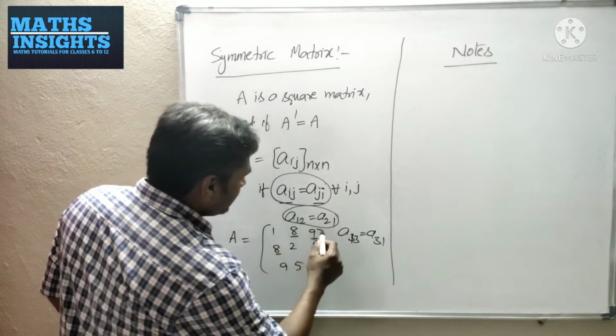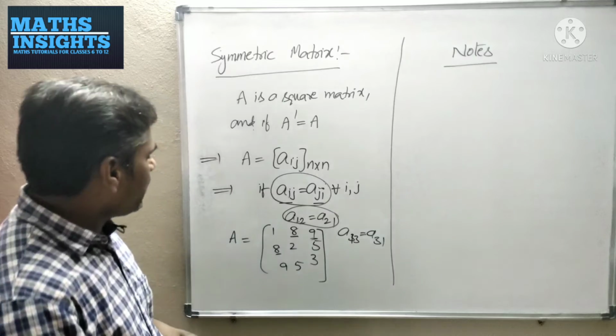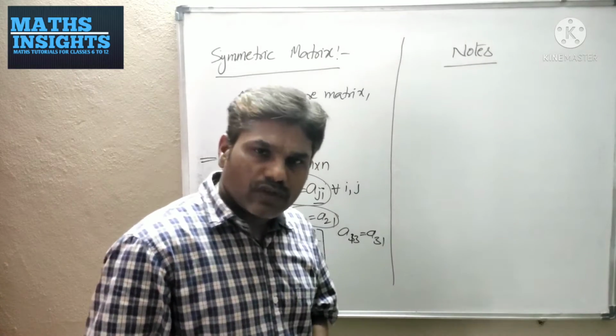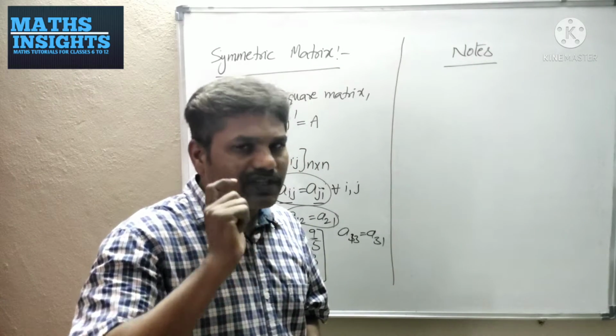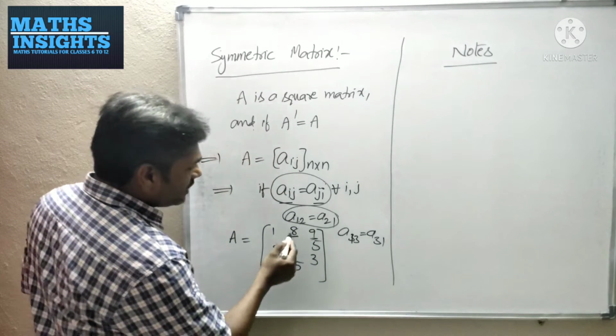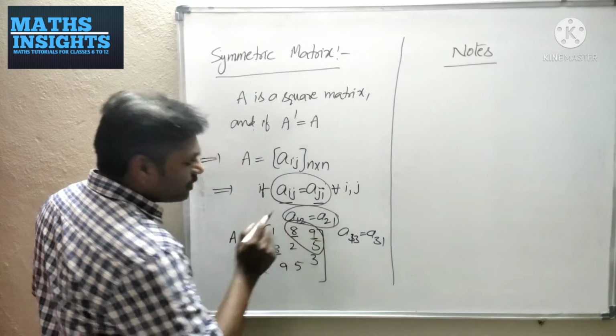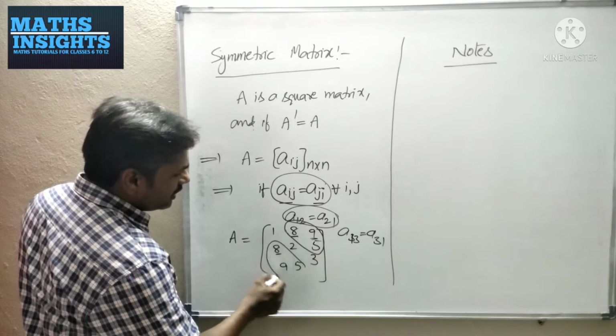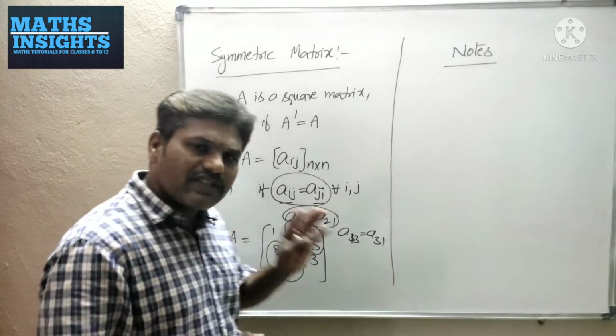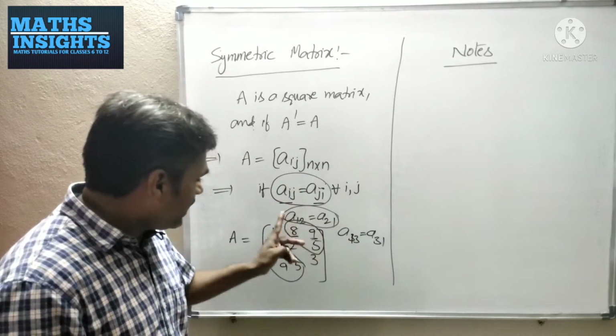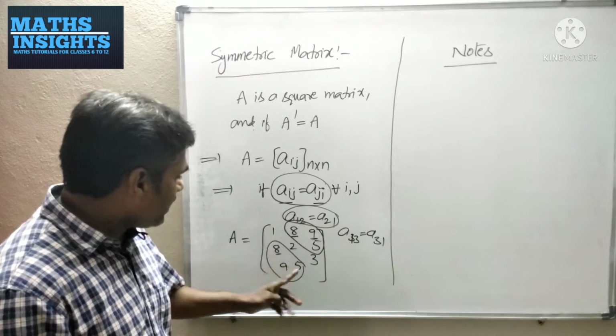This is the example for a symmetric matrix. They may ask you which of the following is a symmetric matrix. Clearly verify the upper triangular elements and lower triangular elements. They must be the same and in the order 8, 9, 5, 8, 9, 5.